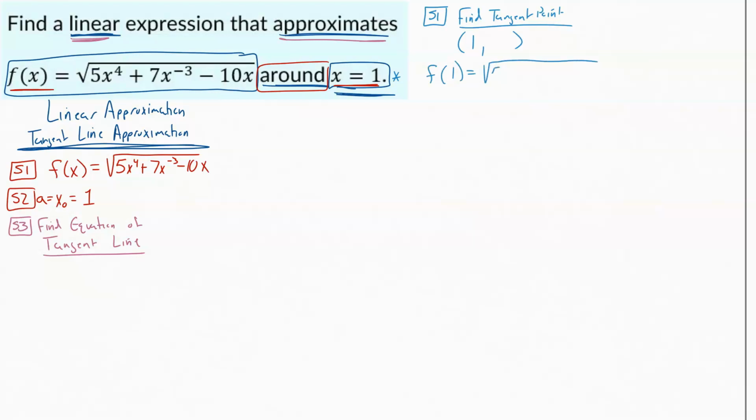Everywhere we see an x in that equation, we're just going to, in parentheses, plug in 1. So 5 times 1 to the fourth plus 7 times 1 to the negative 3 minus 10 times 1. Pop that into your calculator, do it in your head. We end up with 12 minus 10, so the square root of 2. So this is our y value right there.